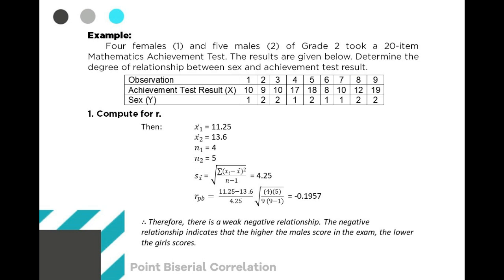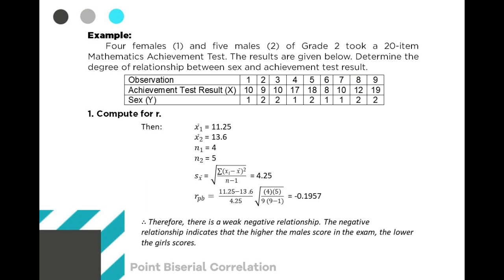So those are the result ng achievement test na meron y result na 2. Okay, so we have divided by the number ng ating observation na yun na merong label na 2 sa y. So 5. Okay, so we get 13.6.